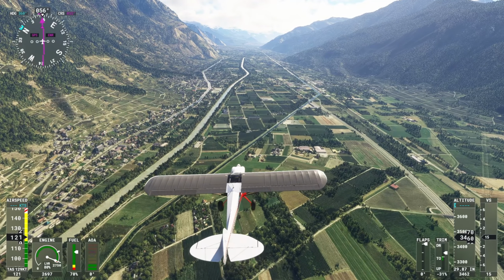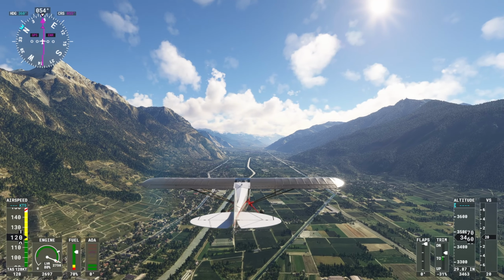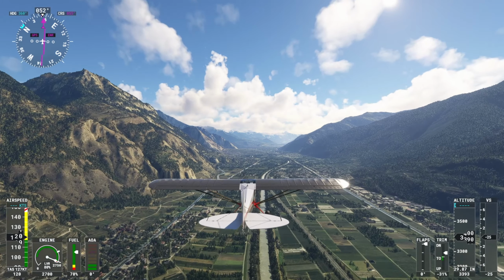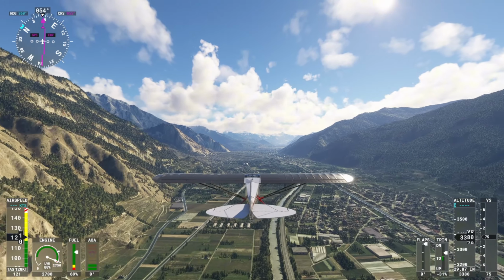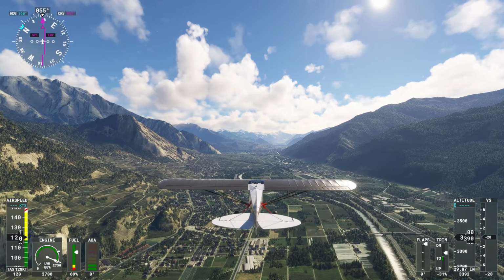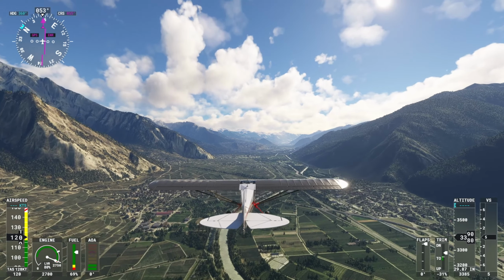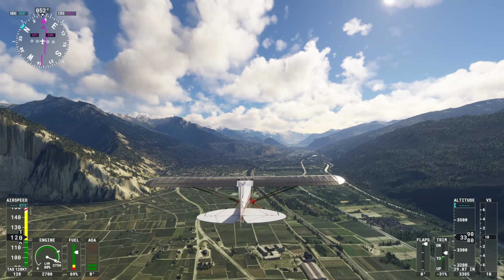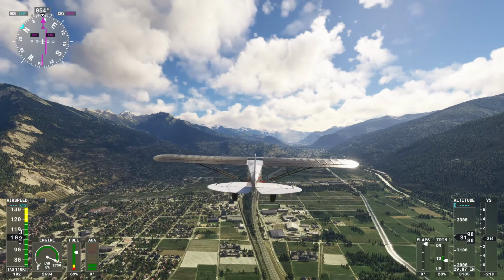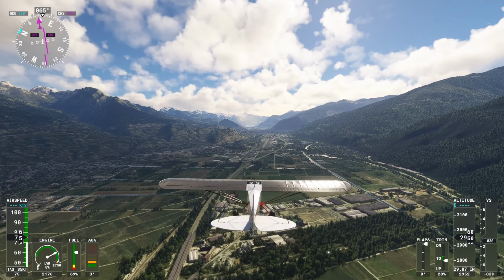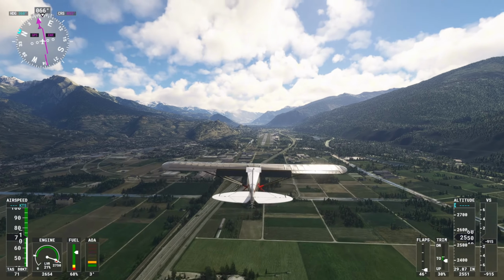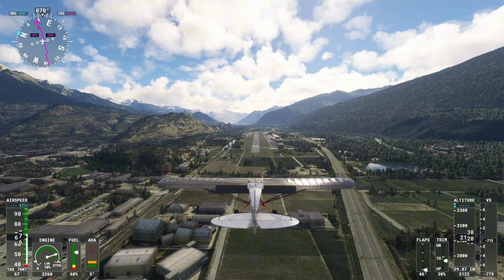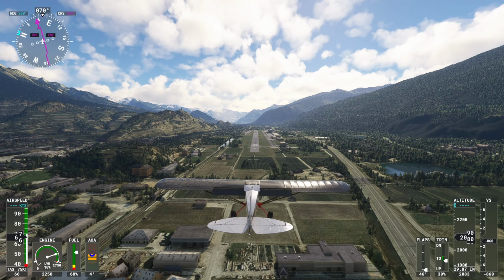Look at this valley! Oh my god! Emperor of Man. And as we float calmly down to Sion Airport, look at this view.